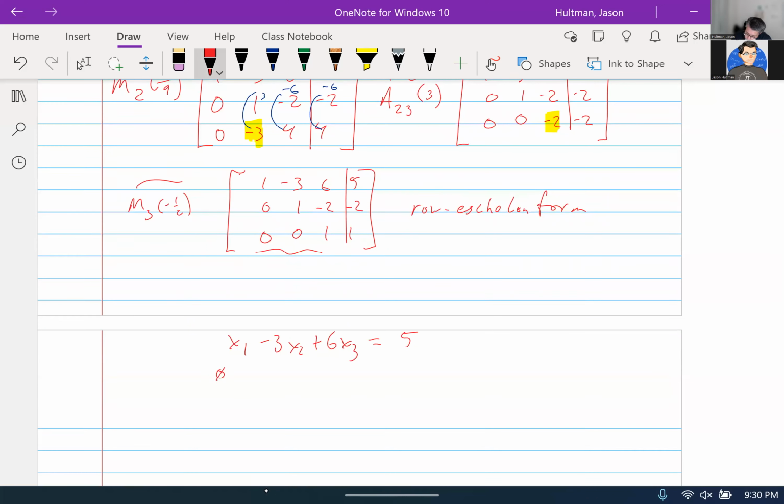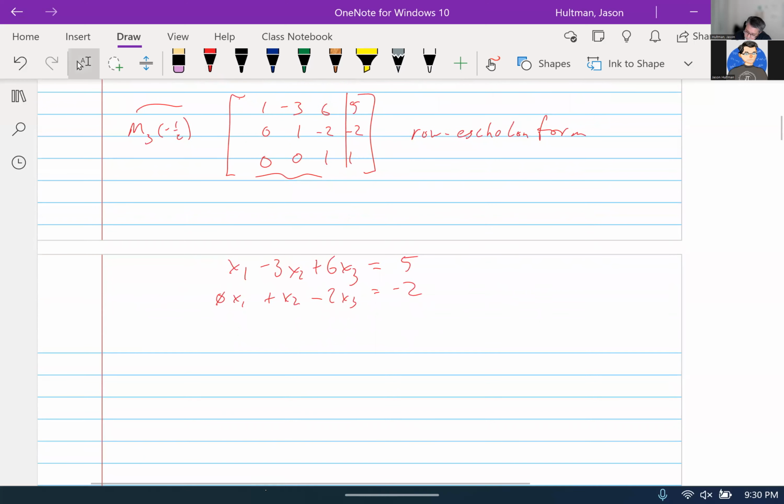I'll put it in for right now. 0x1 plus 1x2 minus 2x3 is equal to -2. And then 0x1 plus 0x2 plus 1x3 is equal to 1.